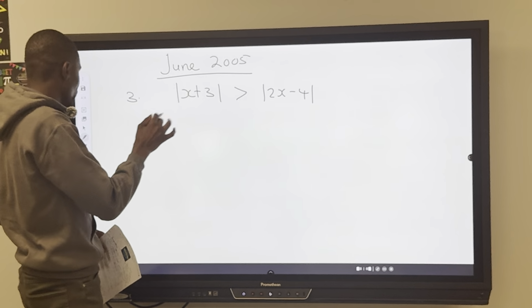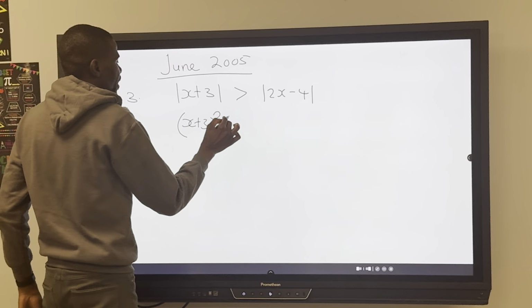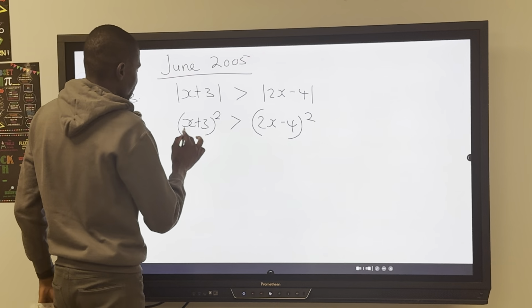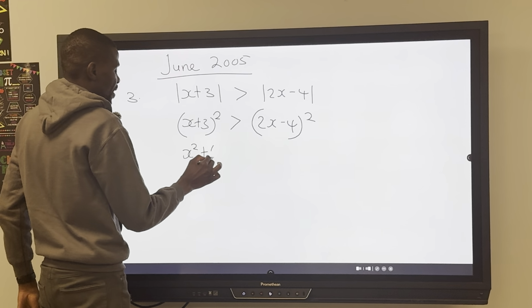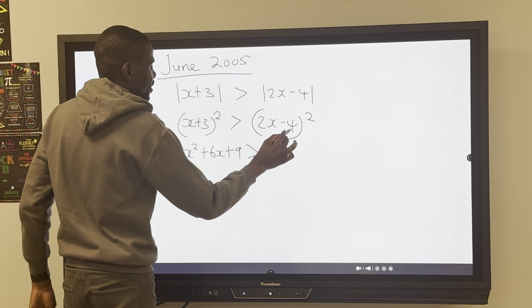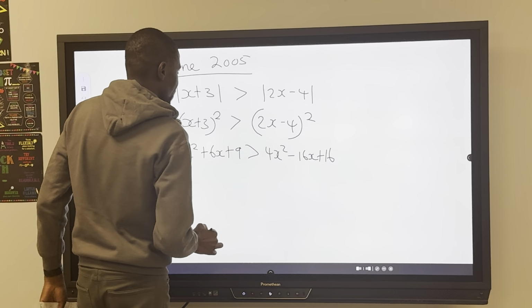That's method 1. I will show you another method. So x plus 3 squared is greater than 2x minus 4 squared. So x squared plus 6x plus 9 is greater than 4x squared minus 16x plus 16, right?